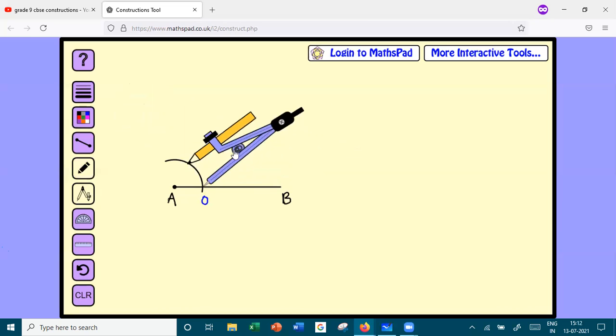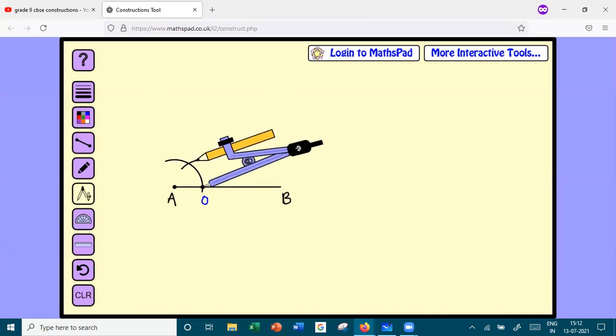Keep it on the point O, and then cut an arc, right?